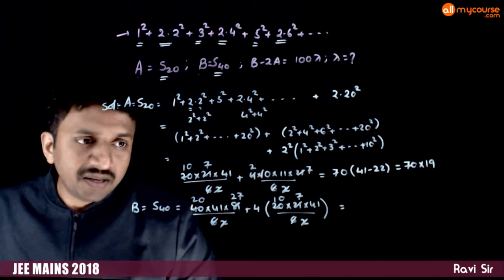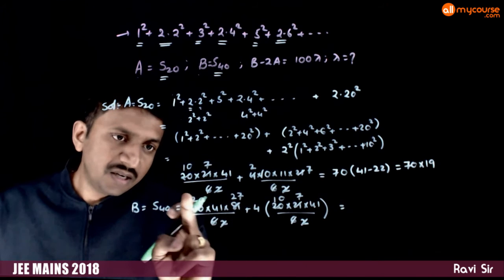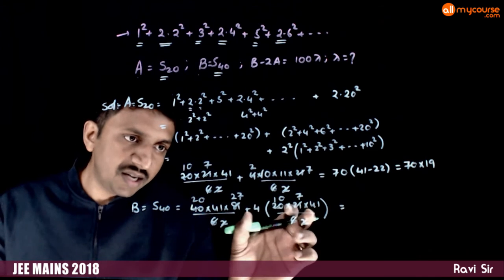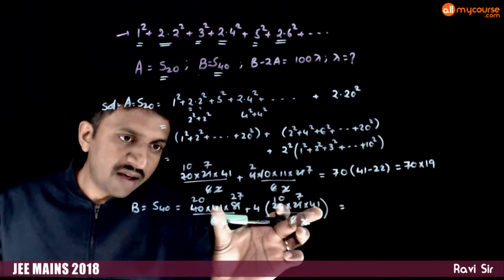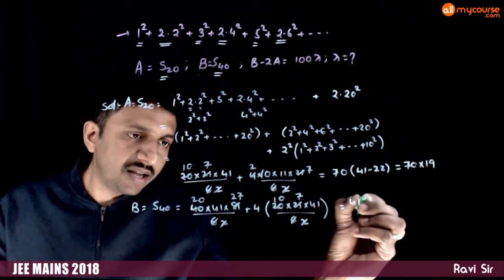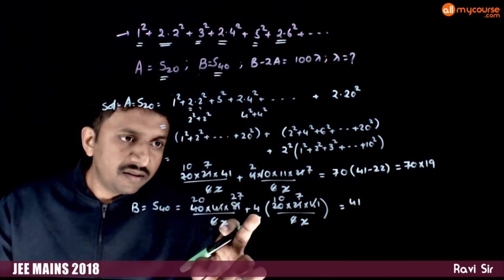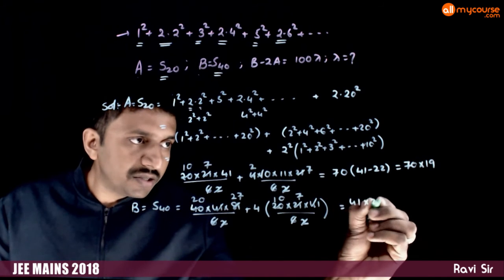So what is the sum? You have 20 times 41 times 27. Is there any common term here? You have a 41 common. I can take 41 outside, and I can take a 20 outside also.